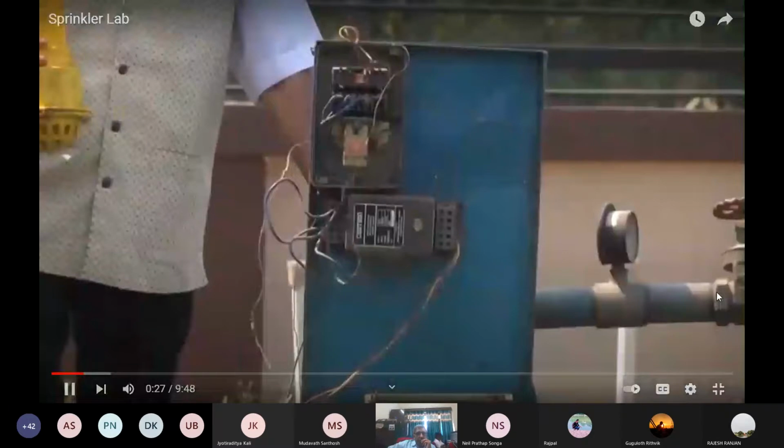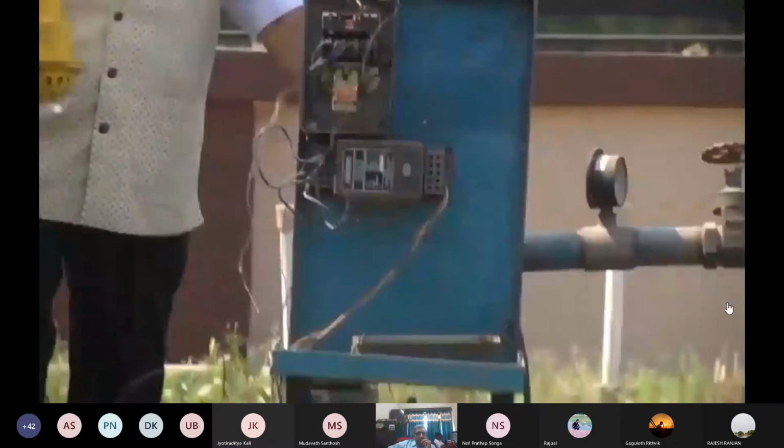It is used for priming. So in the footvalve, you can see here at this end there is a flap; when we are filling water, this valve gets closed. This is the purpose of the footvalve.